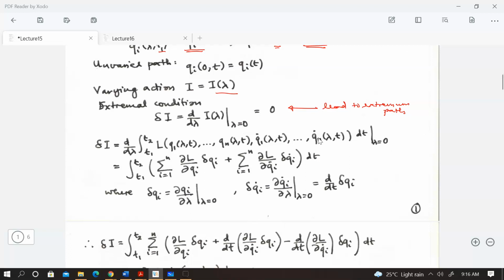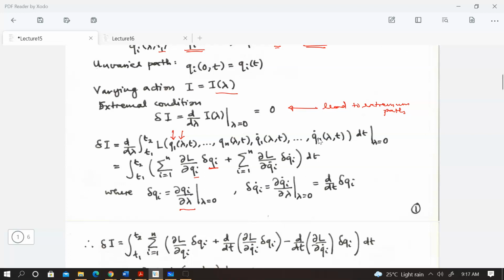We take a derivative of your Lagrangian. The Lagrangian depends on q, and your q depends on lambda. So if you take the derivative of this, you have to do a chain rule with respect to the Lagrangian function. So you have the derivative of your Lagrangian with respect to q, and then the variation of your q itself, which is really the derivative of q with respect to lambda.